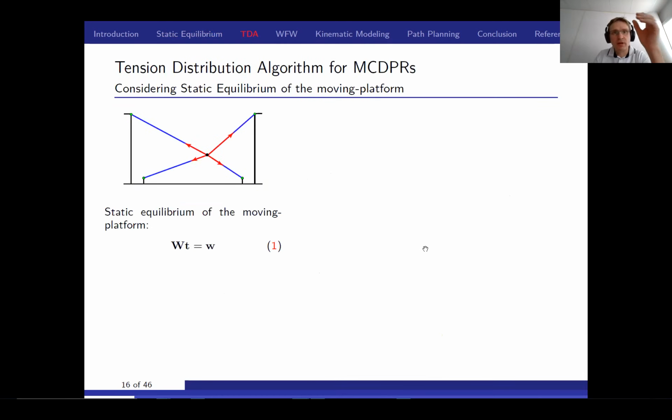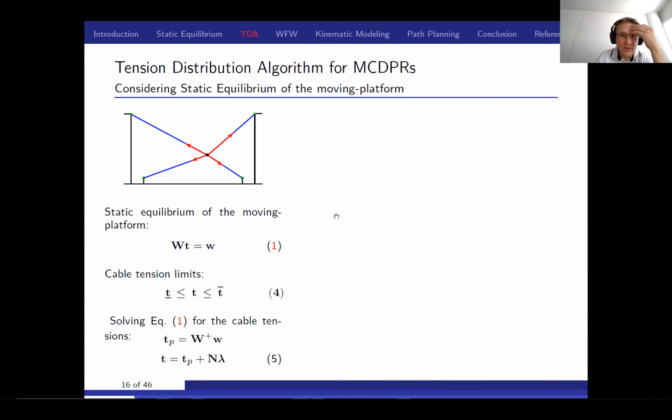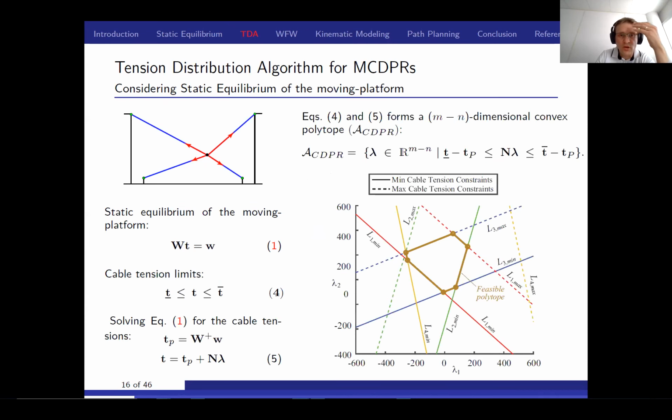Then, in order to correctly manage the cable tension, we also considered those tipping conditions and sliding conditions of the mobile bases in order to determine the modified feasible polygon of the MCDPR for a given moving platform pose.